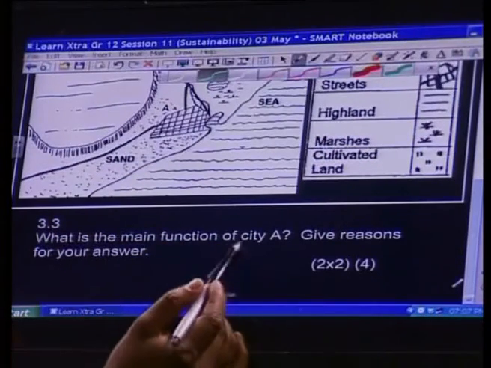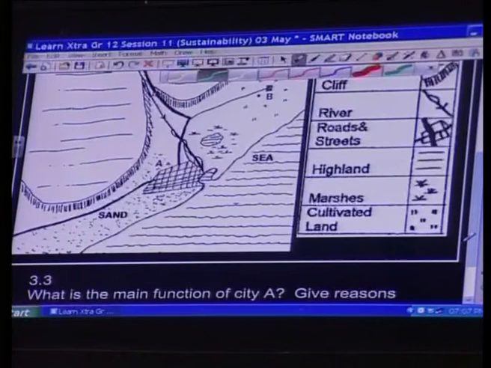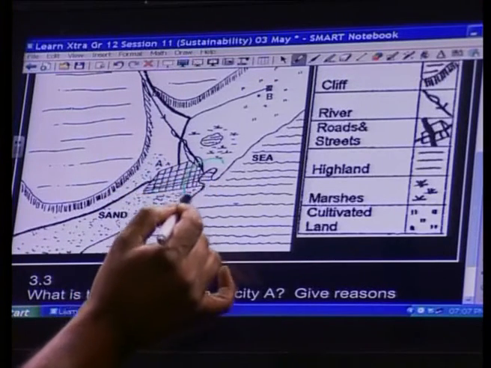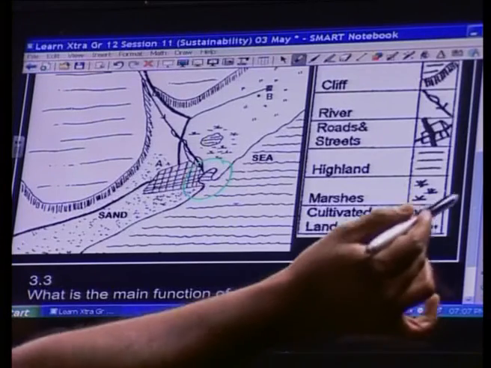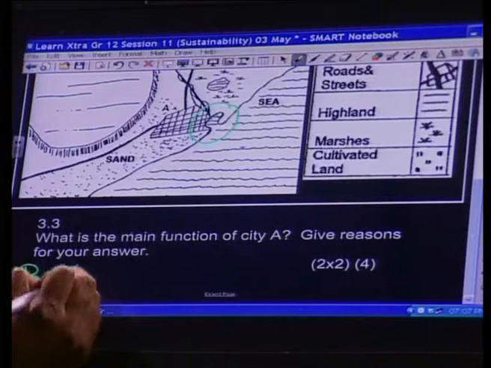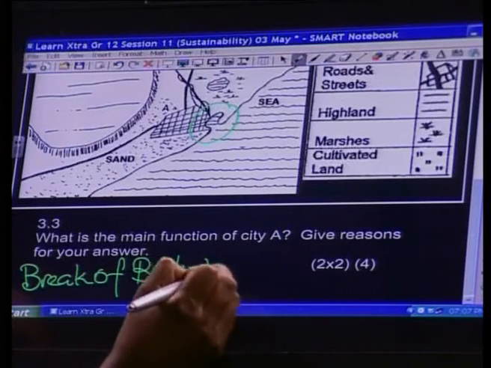What is the main function of City A? Give reasons for your answer. City A, as it is located close to a harbor, becomes a transport town. Remember, City A would serve as a break of bulk point.